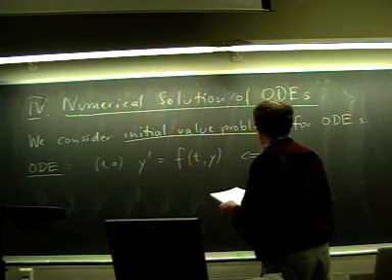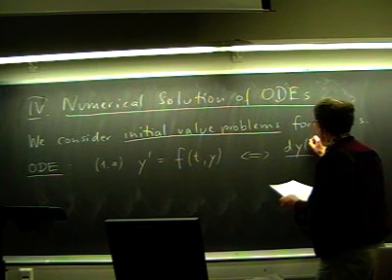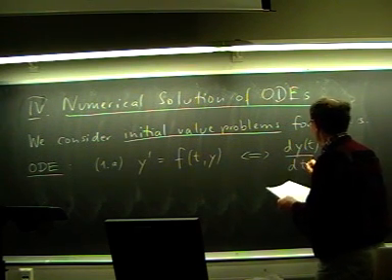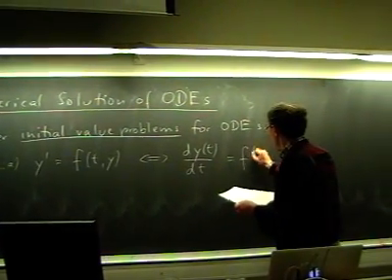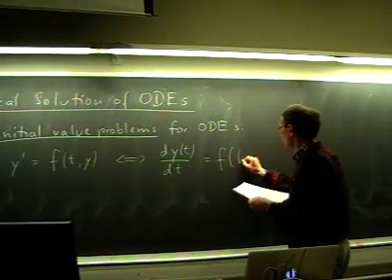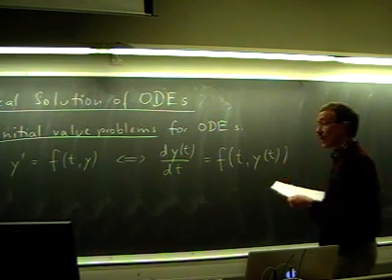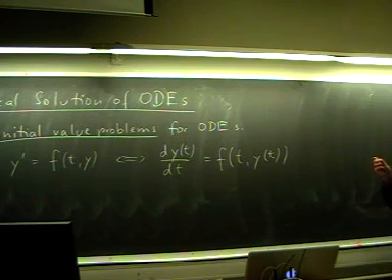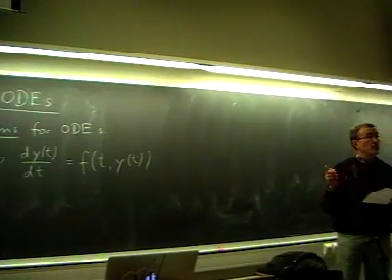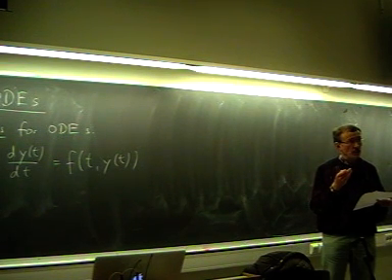If we would write that explicitly, it would mean that we have the first derivative of y with respect to time is equal to some given function f depending on t and the unknown function y at time t. And the y and also the f can be scalars, but in our case they are usually vectors.